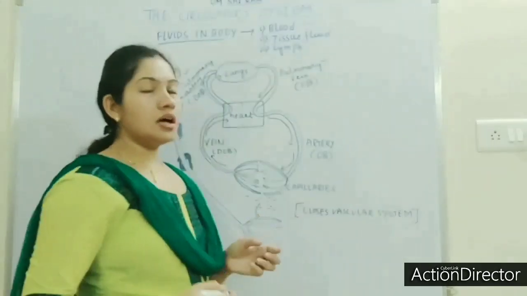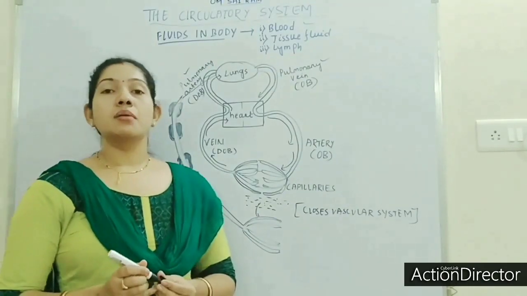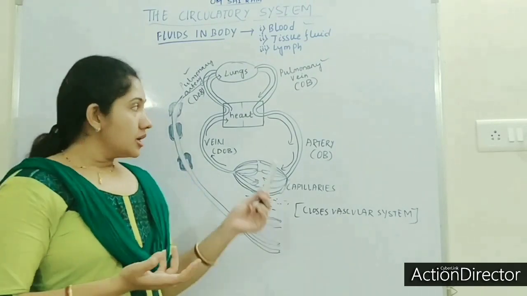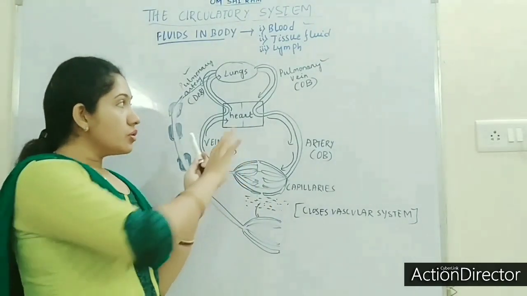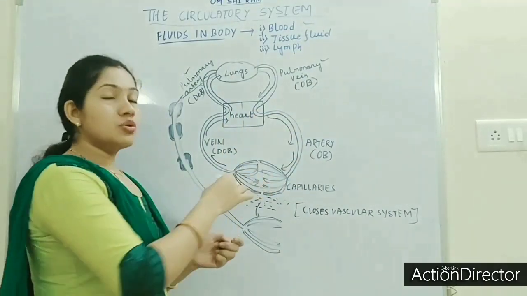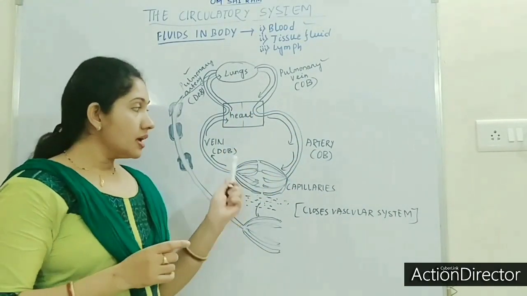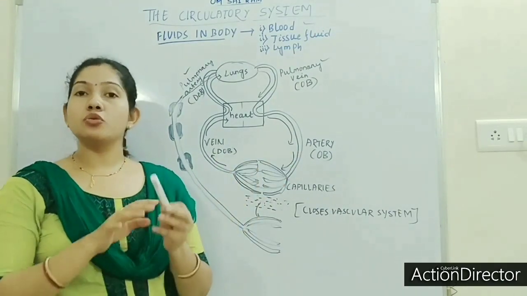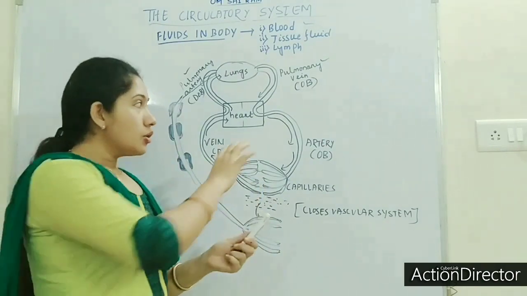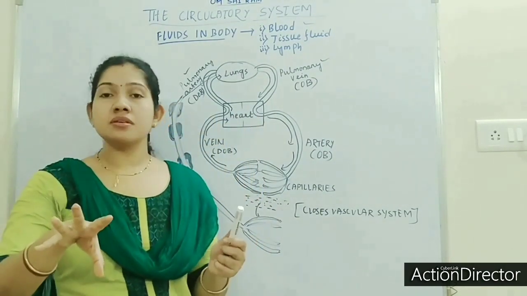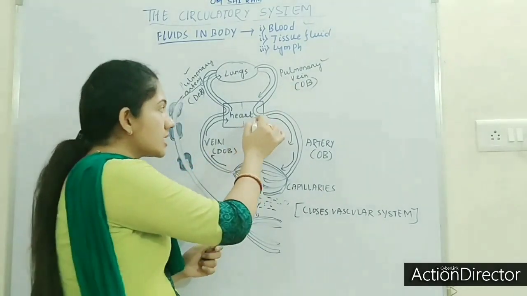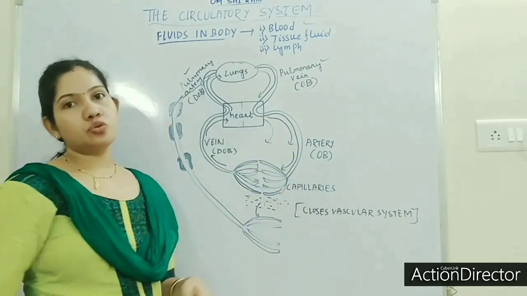But in some lower organisms, like some insects, whenever blood flows out of the heart, after the purification of blood, they do not have a special blood vessel or lymphatic vessel. So whenever the heart pumps blood into the body, it is open, meaning it directly pumps blood to the body.